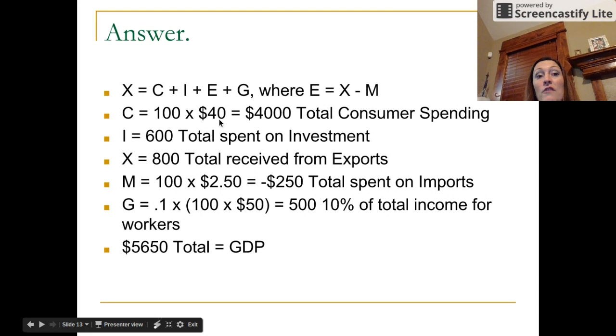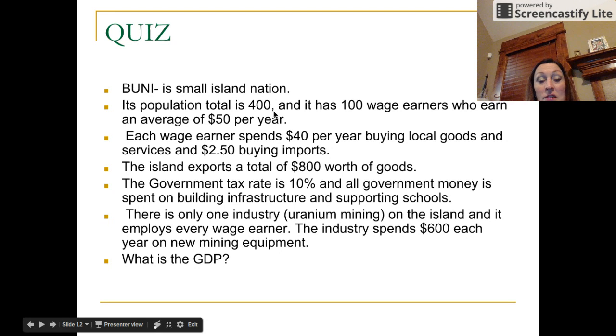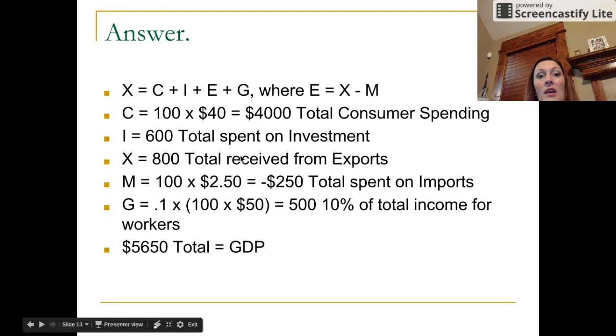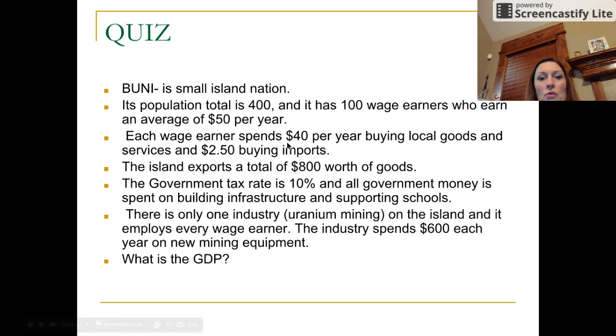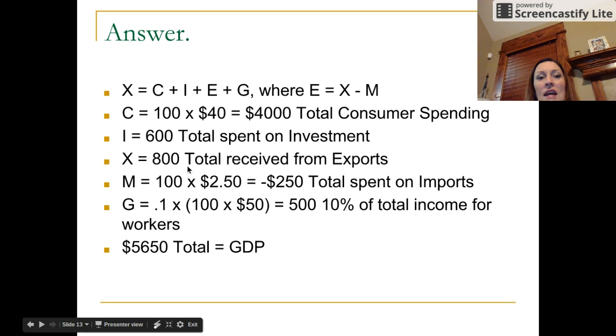So again, consumers make $50 a year. They spend $40 of their money on local goods. So that's 4,000 total consumer spending. There is a population of 400 people. Then you have the I for $600 total in investment spending. And that came from the fact that the industry spends $600 each year. And then $800 is received from exports.